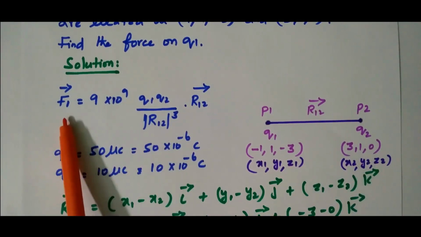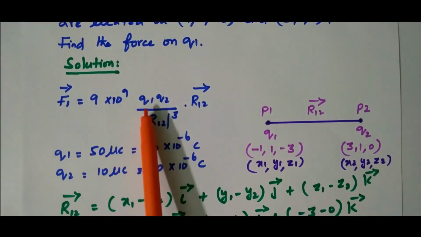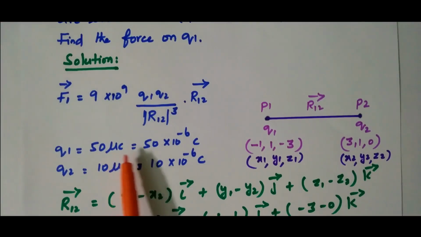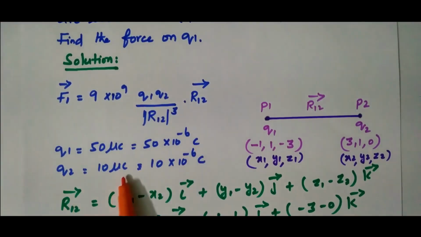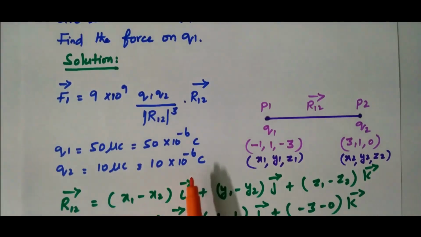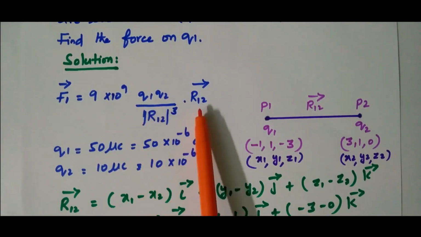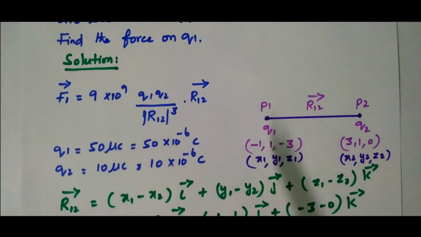So 9 into 10 to the power 9; Q1 is 50 microcoulomb, that is 50 into 10 to the power minus 6 coulomb; Q2 is 10 microcoulomb, that is 10 into 10 to the power minus 6 coulomb. What we need is the r12 vector and the r12 magnitude. The other terms are already available.